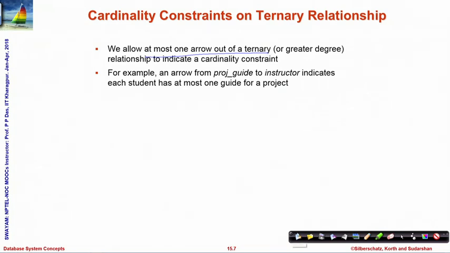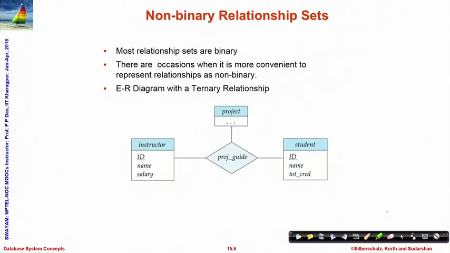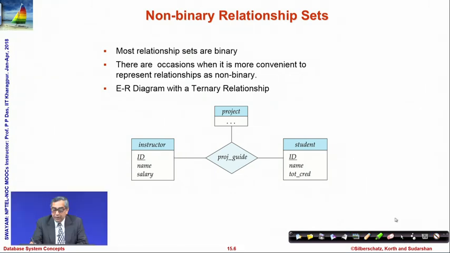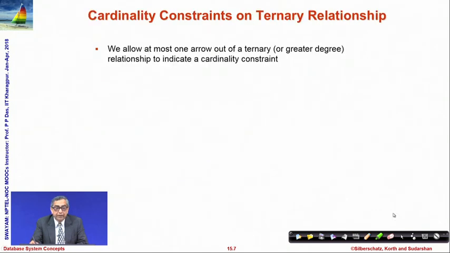So, we could have an arrow only at this end, but multiple arrows are not allowed, and the reason is certainly to keep the semantics of the cardinality meaningful.